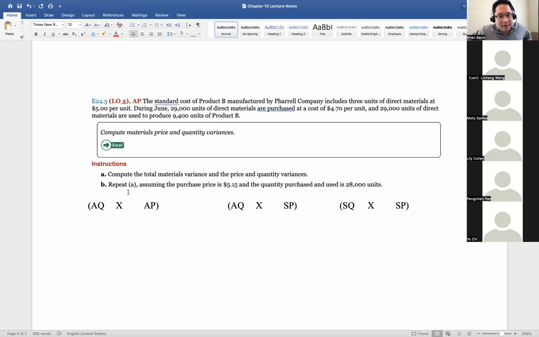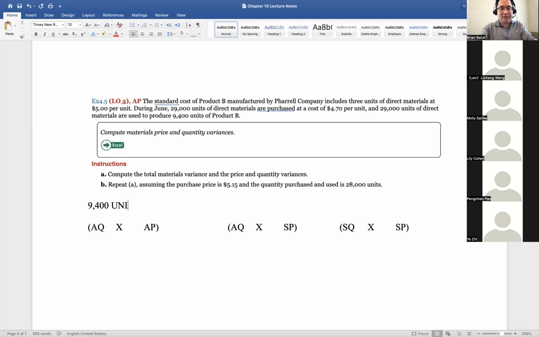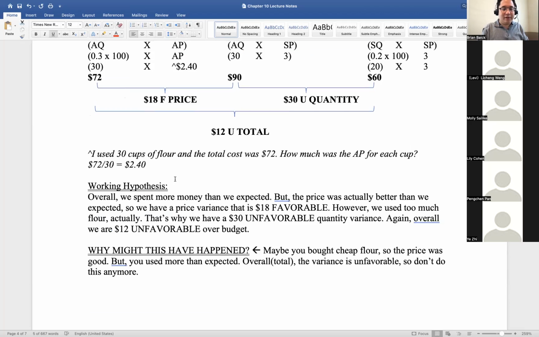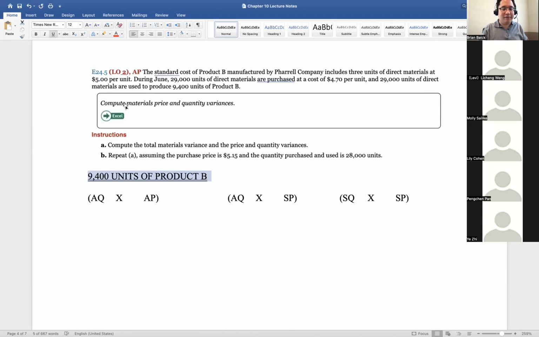Okay, first of all, always figure out, what are you doing? We are making 9,400 units of product B, right? Remember in the first problem we did, we are trying to get 1 college degree, we're trying to make 100 cookies, right? Here, we're trying to make 9,400 units of product B, okay? Did they tell you how much you actually used?